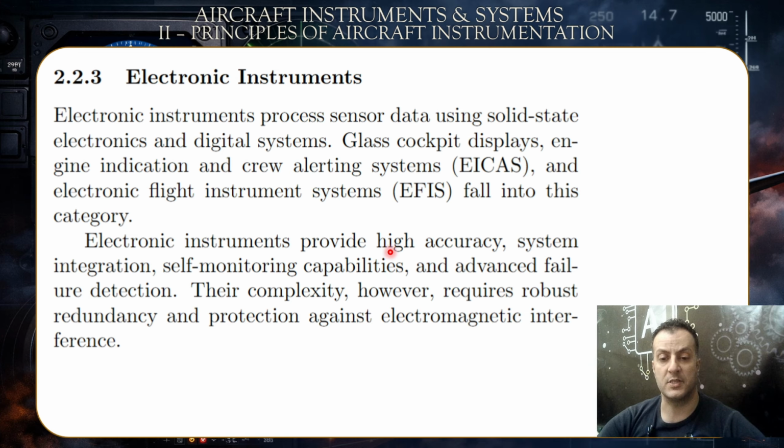So electronic instruments provide high accuracy, system integration, self-monitoring capabilities, and advanced failure detection. They can detect failures or values outside of nominal acceptable values in a more intelligent way.